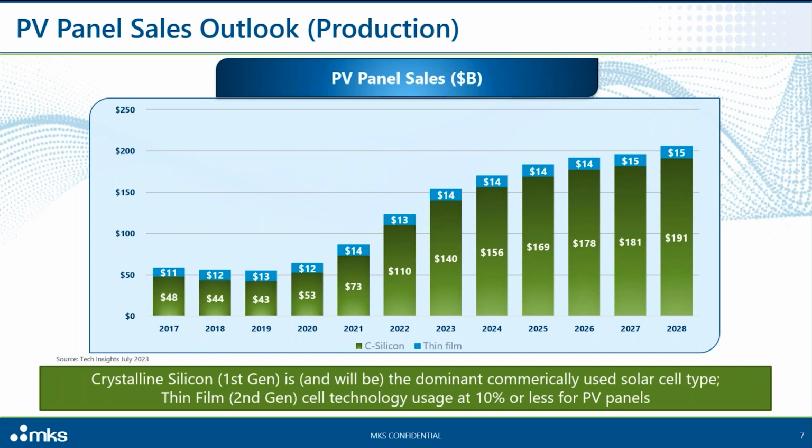As you see where we are today, 2022, 2023, it's about 10% of the thin film or second generation usage for this type of application, with the majority going towards the first generation crystalline silicon cells. As we move forward, market, as we saw earlier, will continue to grow, continue to invest, and we still expect the usage of thin films to stay about the same market share, but overall will be focused on that crystalline silicon type technology.